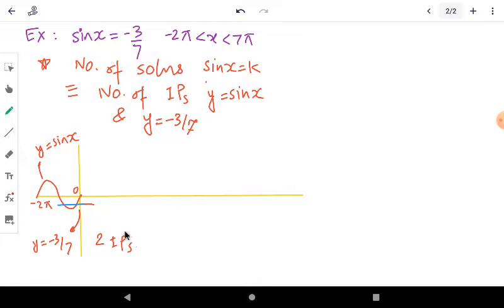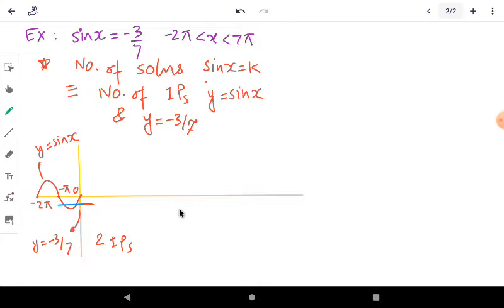Similarly, we can reason that from minus 2 pi to minus pi, there is no solution, but from minus pi to 0 it is giving one solution. So in the full interval minus 2 pi to 0, it is giving 2.